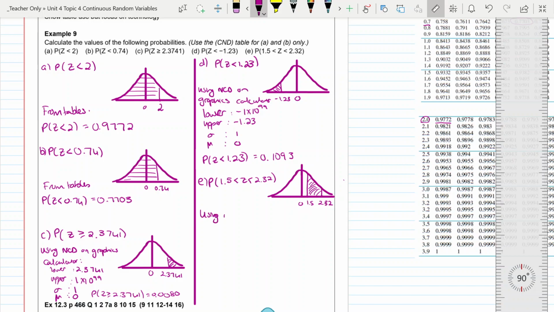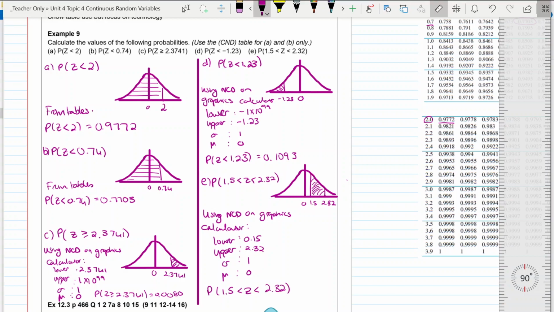So using NCD on my graphics calculator, my lower value, upper value, sigma and mu. So in this case, my lower value is 1.5, my upper value is 2.32, and I still have 1 and 0.